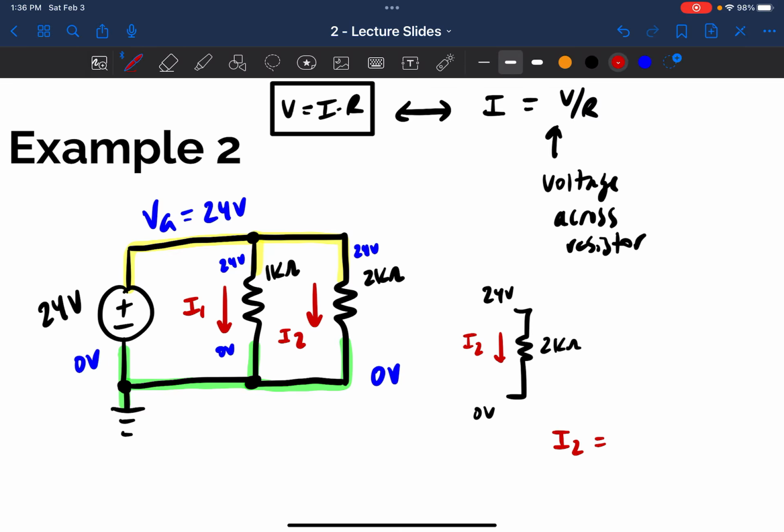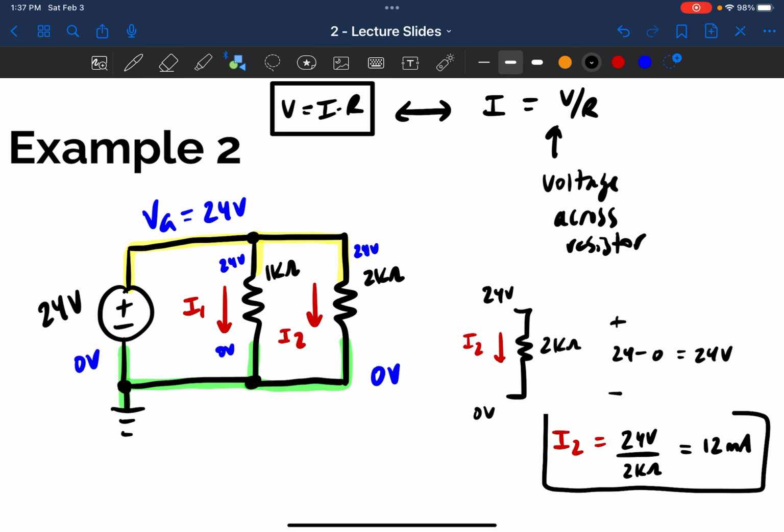I2 is going to be equal to V over R. Again, remember that V is the difference across my resistor, which is 24 minus 0, or 24 volts. So I can write that it's 24 volts divided by R, which is 2 kilo ohms in this case. And if I do 24 volts divided by 2 kilo ohms, that's going to give me 12 milliamps of current for I2, okay? So I can go ahead and put a box here.